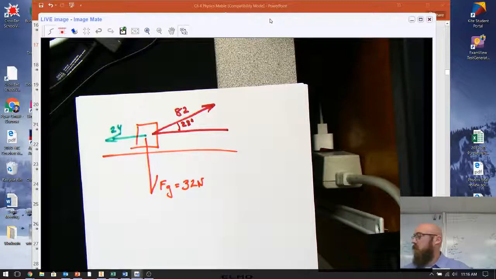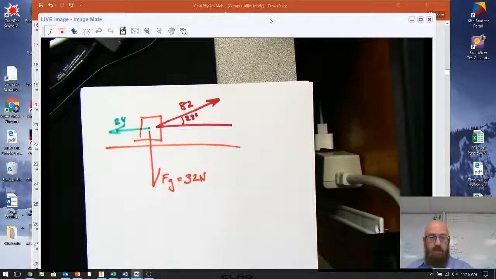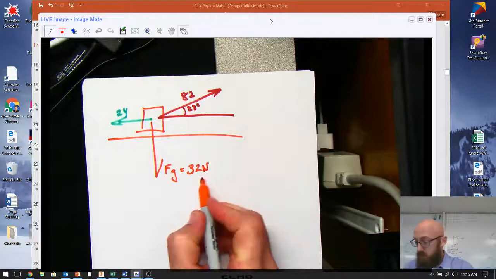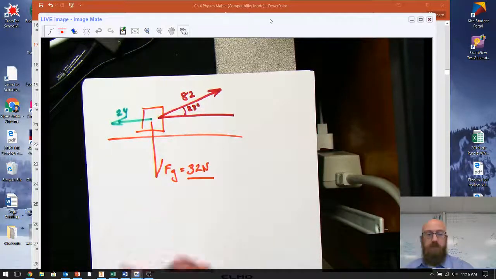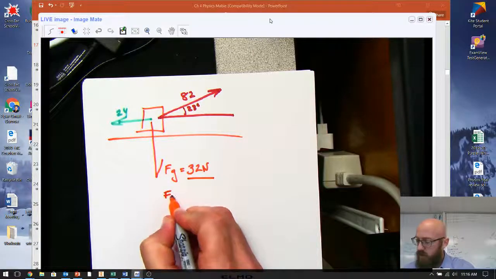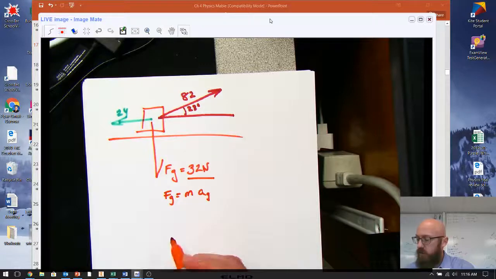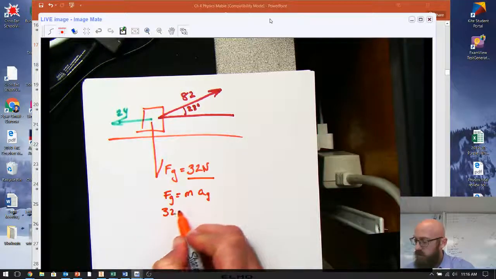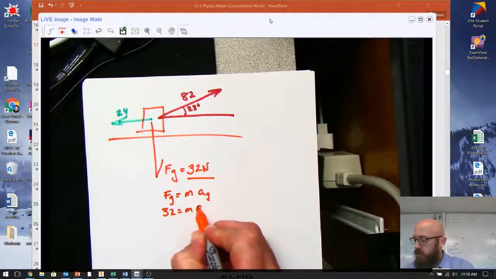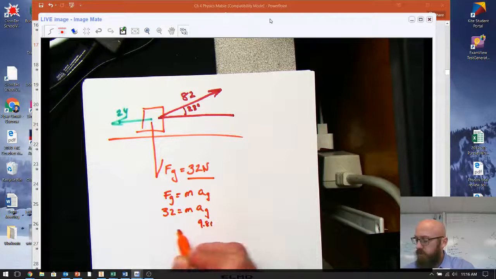Normally we would start with F of G. So F of G, well, that's 32 newtons. We know force of gravity is equal to mass times the acceleration due to gravity. So that's 32. We don't know our mass. We know our acceleration due to gravity is 9.81.